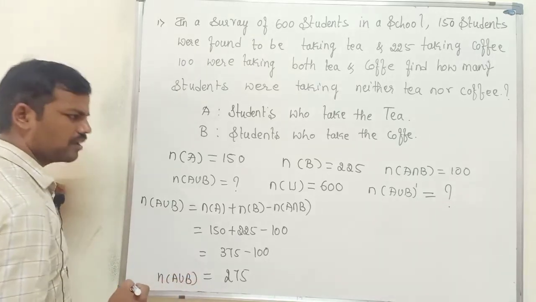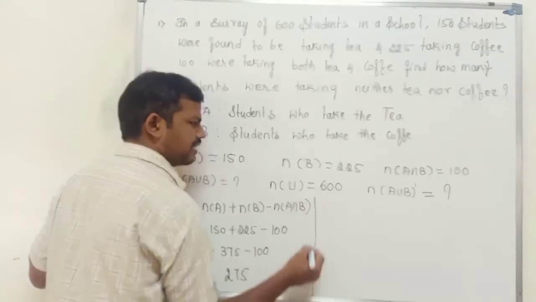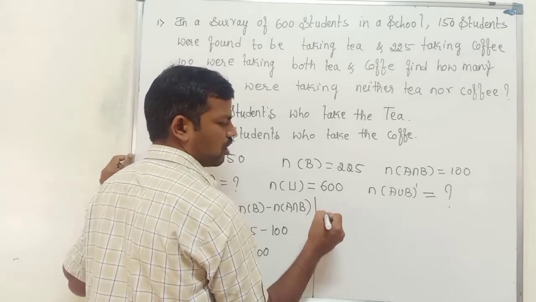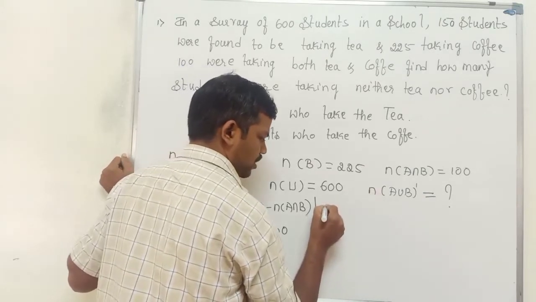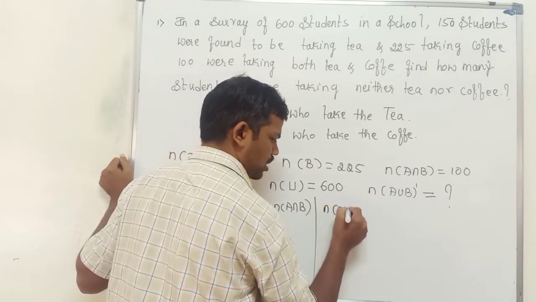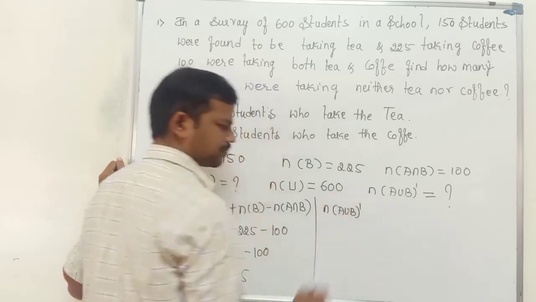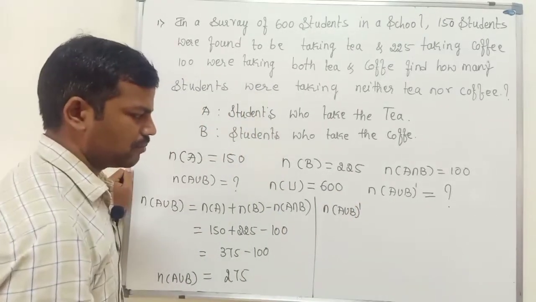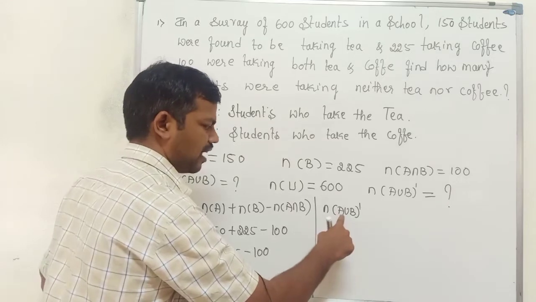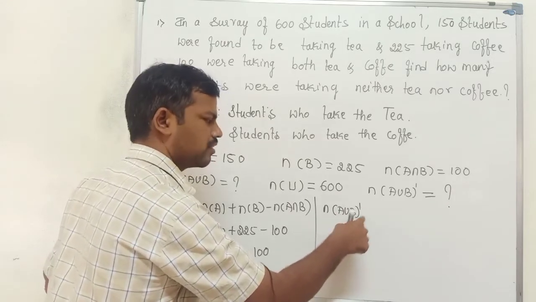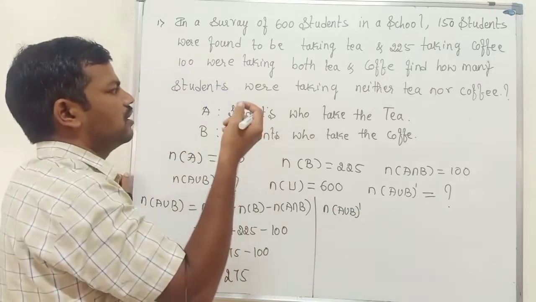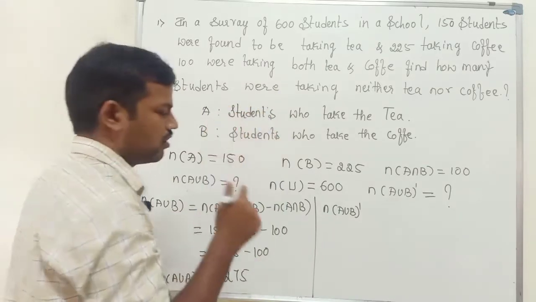But actually we need neither A nor B, so n of A union B complement, the number of elements who take neither tea nor coffee.